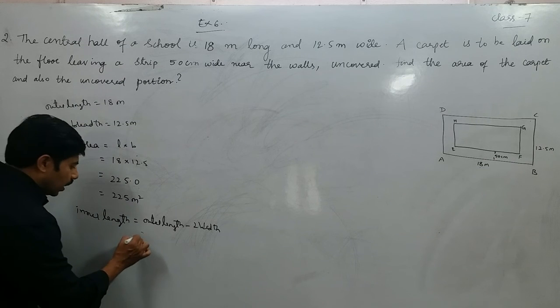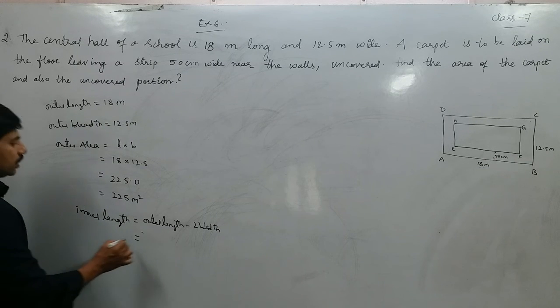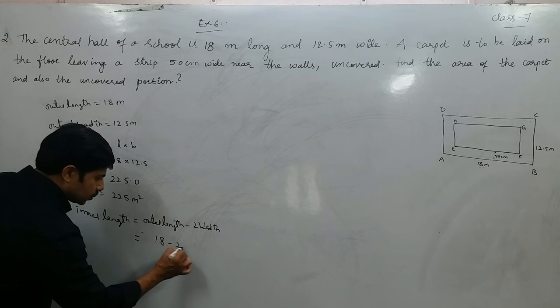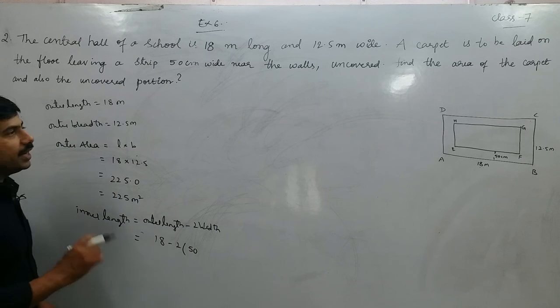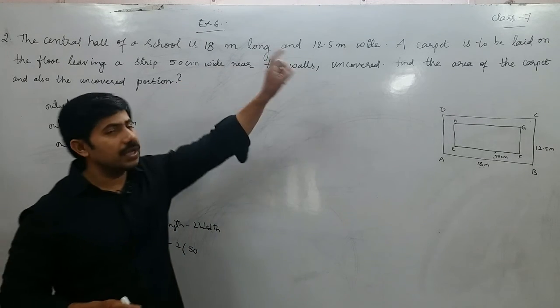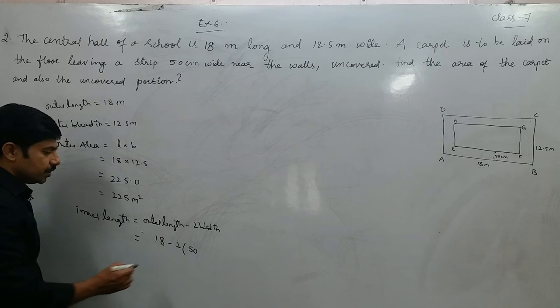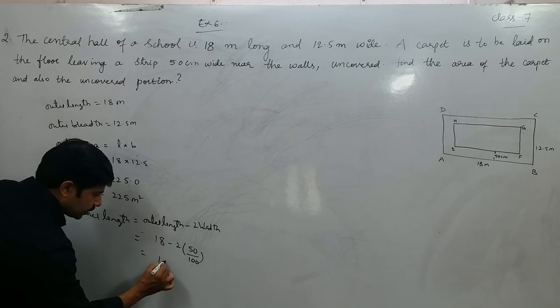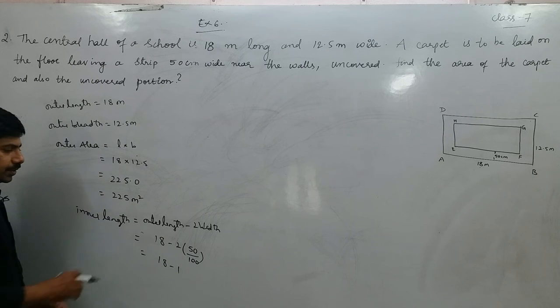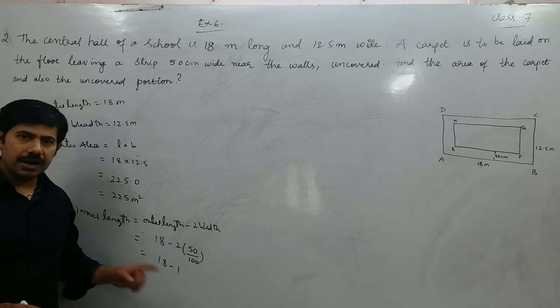So what is outer length? Outer length is nothing but 18 minus 2 into, see here the width is given as 50 centimeters, whereas all the dimensions are given in meters. So to convert this into meters, I will divide by 100. So what we get is 18 minus 1. See, 2 into 50 is 100. 100 by 100 is 1.